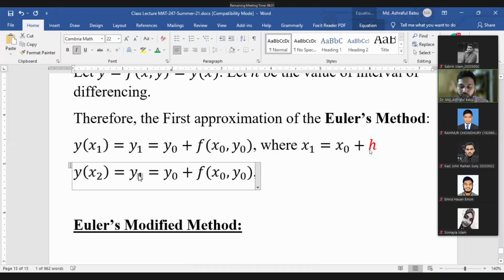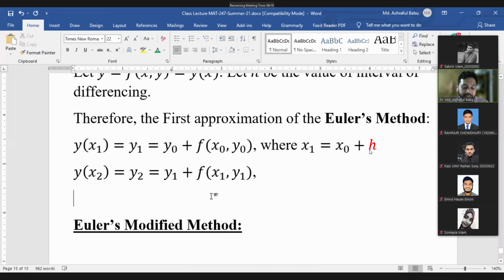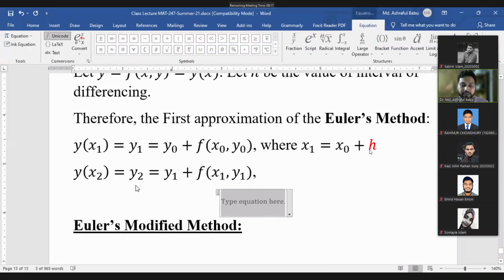That will be y2. If you want to find the second approximate value, that will be y1, x1, and that will be y1, and so on. If you want to find out the nth term, what will be the general form? I just write you the same thing.